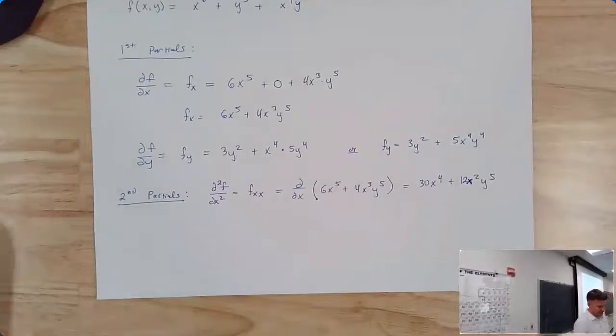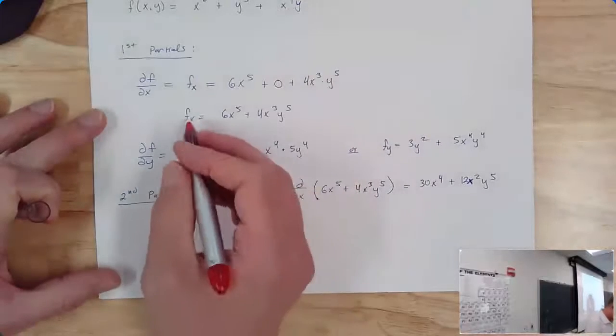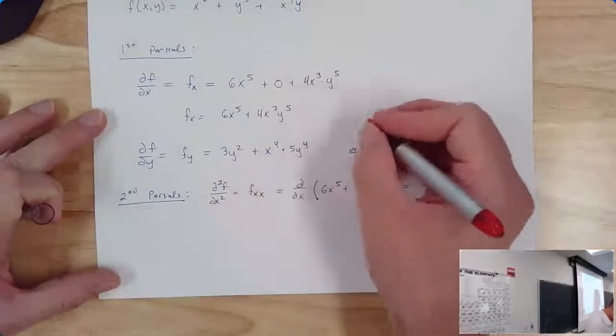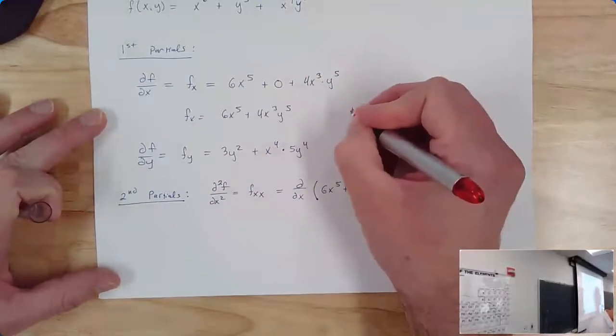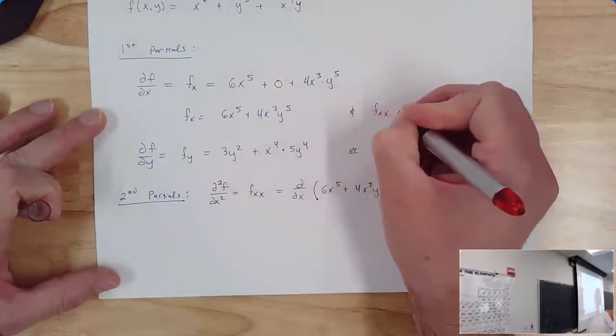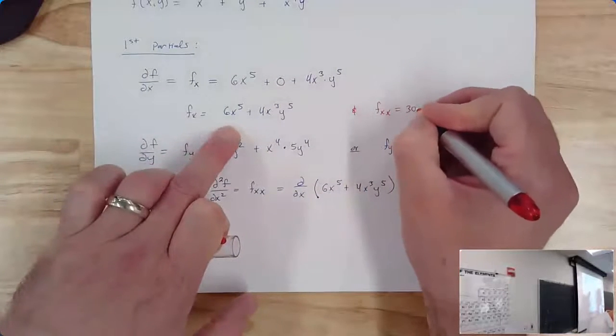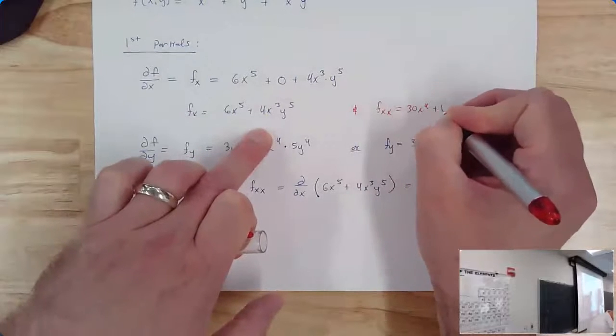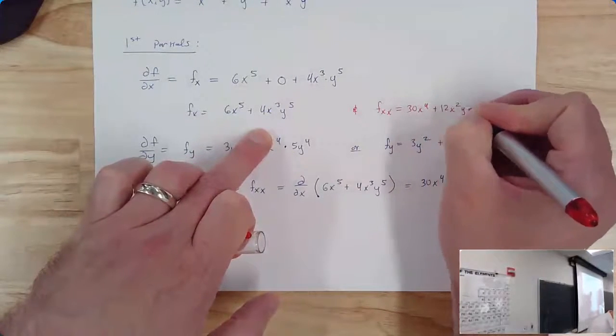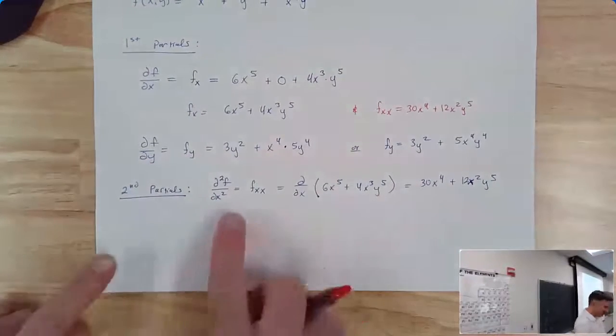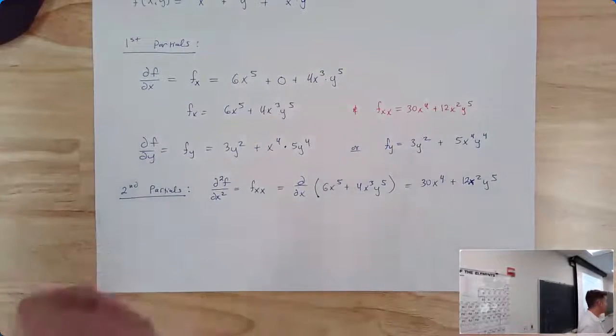But if I was actually a student doing this as my homework assignment, I would just write, okay, there's my fx, and maybe even over here, I'd say fxx is just 30x to the fourth plus 12x squared y to the 5th. You don't need to write that out. You can, and some people might.